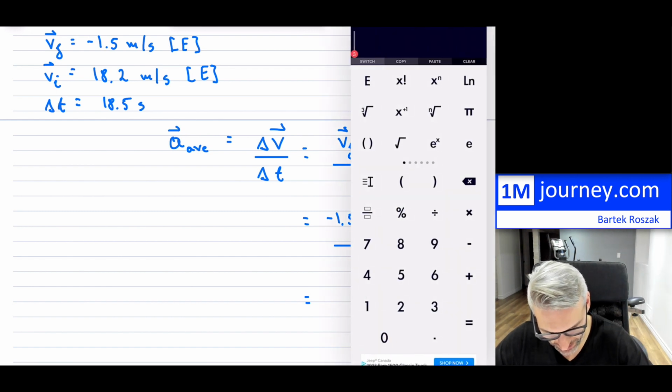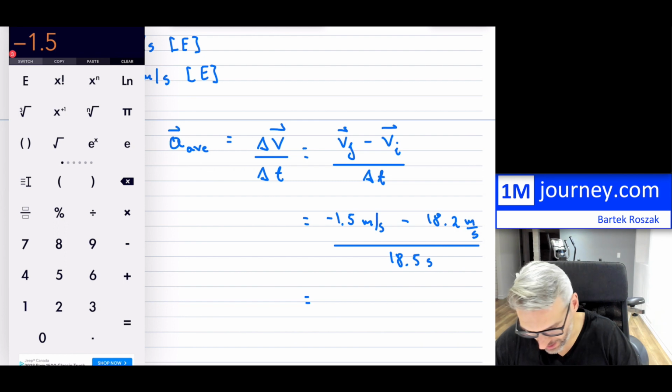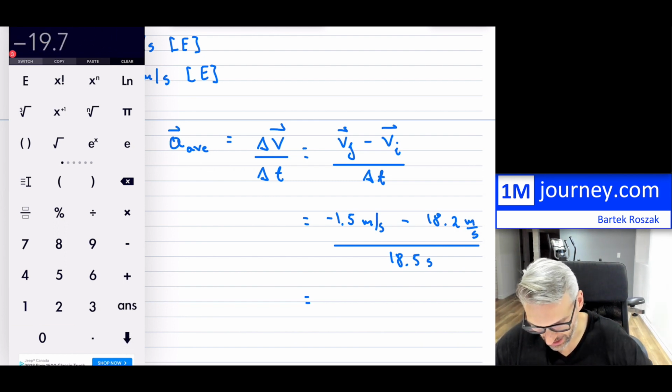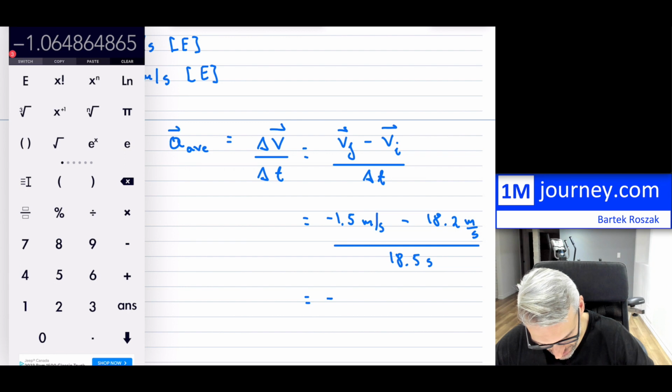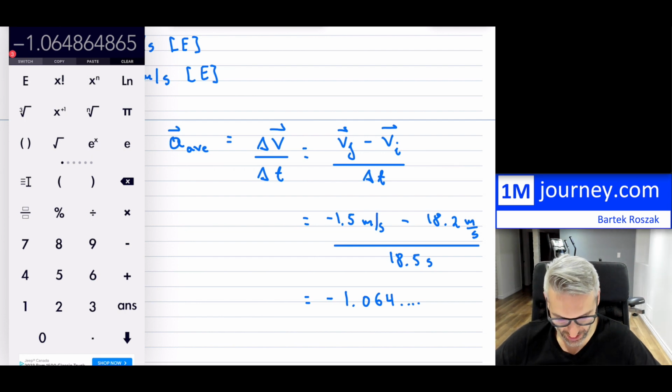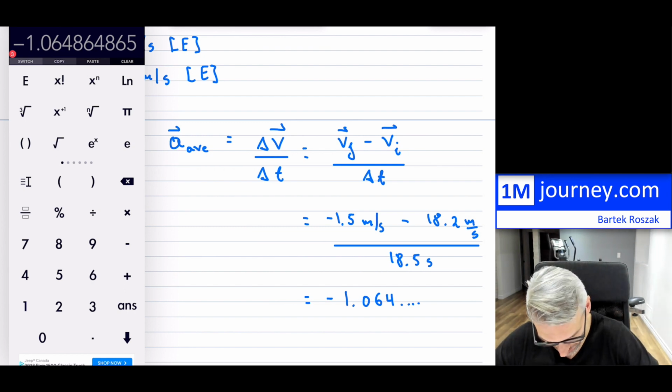So let's write that out. Negative 1.5 minus 18.2 is negative 19.7, divided by 18.5, and that's going to give us negative 1.064, etc. Now I have to be careful with rounding: the smallest amount between all of these measurements is 2 significant figures.